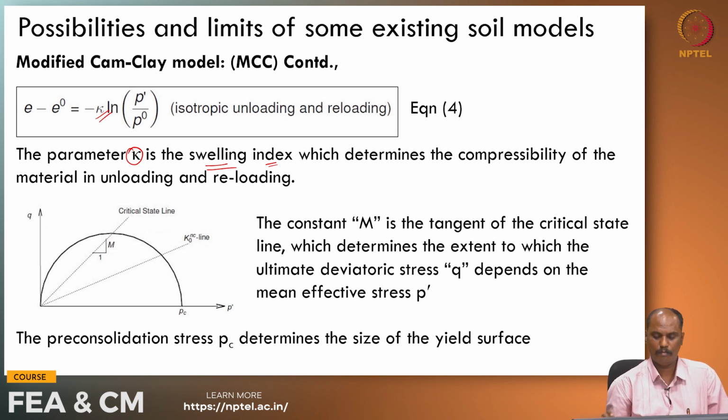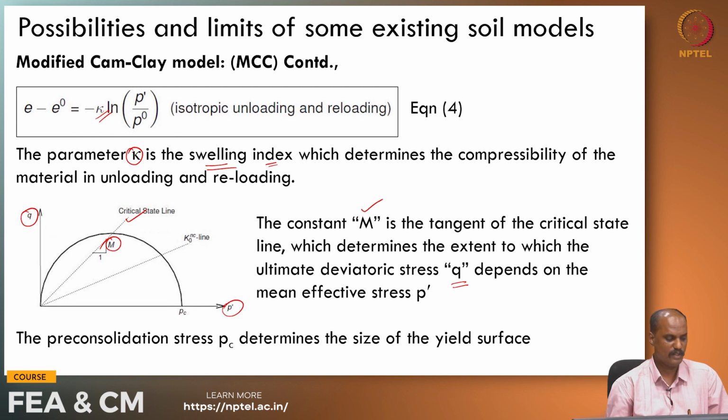Apart from lambda and kappa, there is a very important parameter called M, the friction constant. This friction constant M is basically the tangent of the critical state line, which determines the extent to which the ultimate deviatoric stress q depends on the mean effective stress p'. So, M is also an important factor to consider.